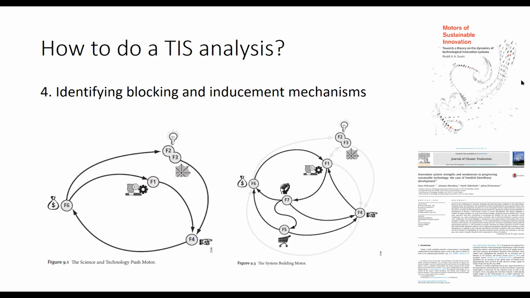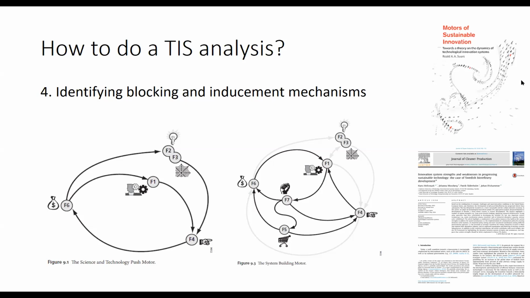Here the work of Suurs on motors of innovation suggests that there can be different drivers of overall TIS functionality improvement. So improving weakly performing functions may also be achieved through intervening elsewhere. Right? Essentially, this is what these figures here suggest.